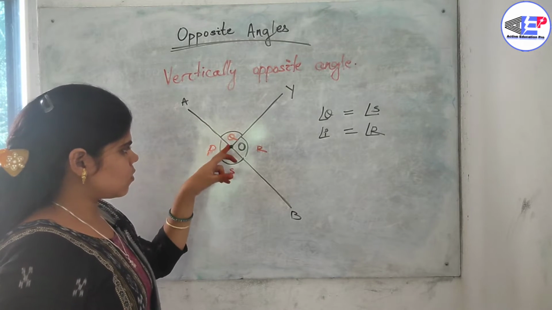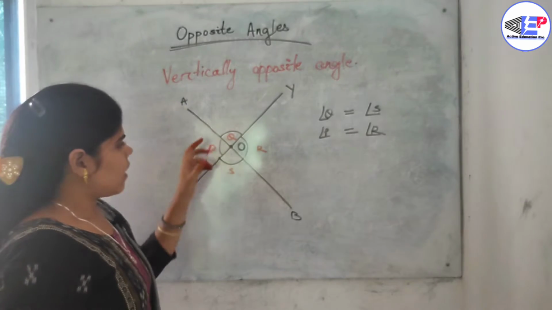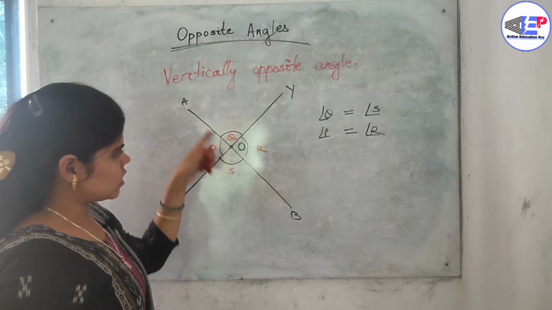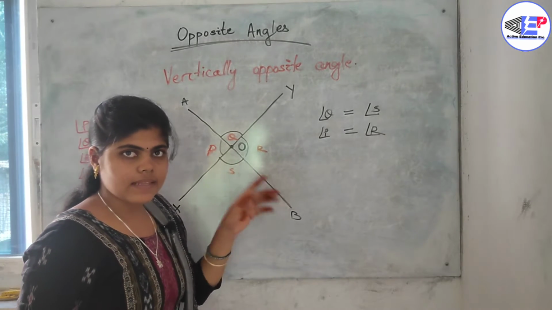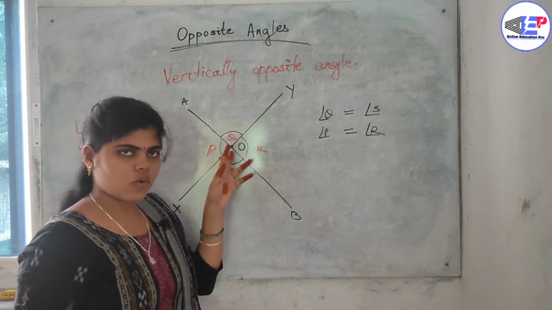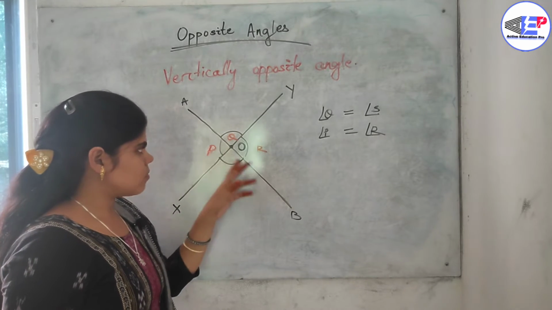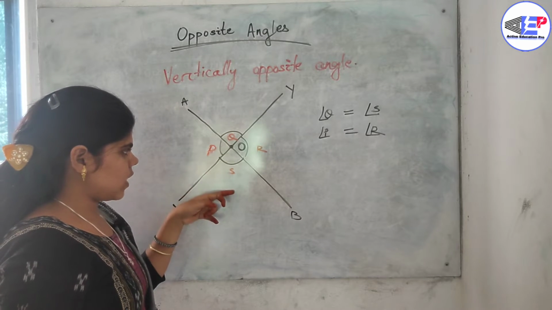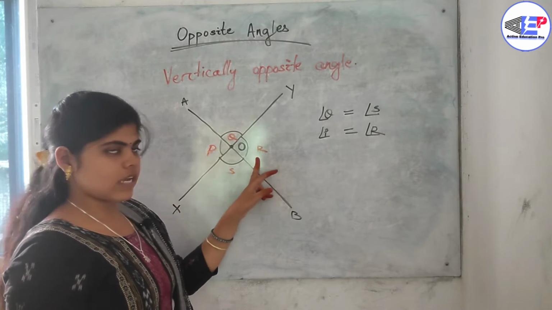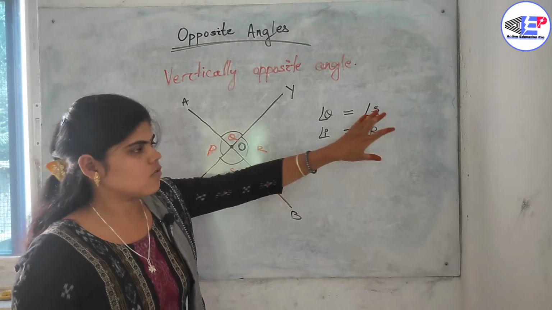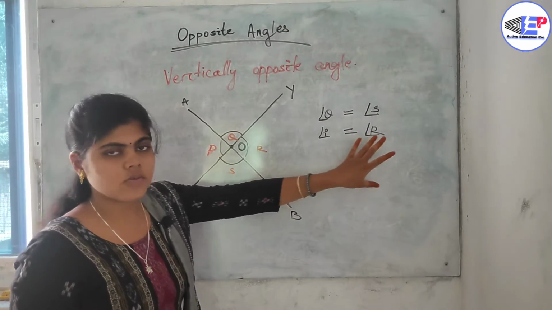AB passes through XY at O, and similarly XY passes through the same point O which is also on AB. So both lines pass through each other at the common point O, and four angles are formed: P, Q, R, and S. Q is vertically opposite to S and P is vertically opposite to R, and the relationship is that angle Q is equal to S and angle P is equal to R.